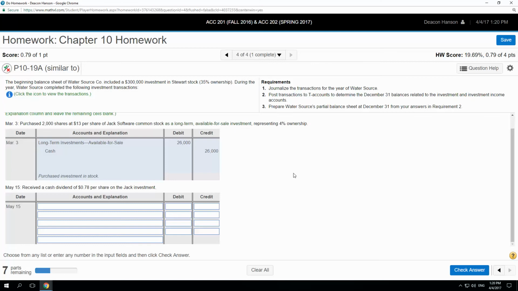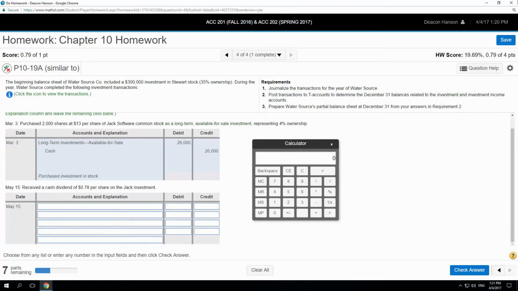Now we received a cash dividend of 78 cents per share from that investment that we just bought. So 2,000 shares times 78 cents would be 1,560. Let's double check.